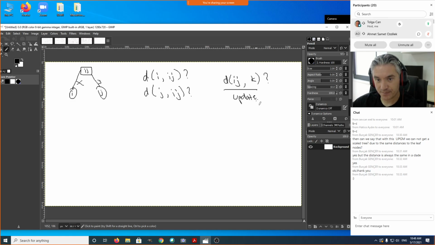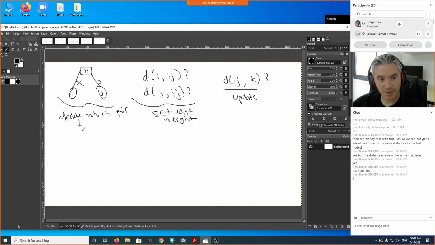So this is for updating the matrix, and setting the edge weights. At each iteration, this is the general structure: we decide which pair to combine. These last two may change order, but the first thing we do is decide which pair to combine.